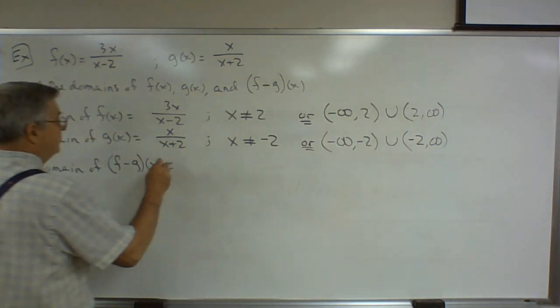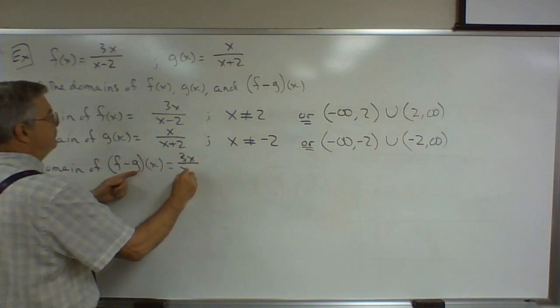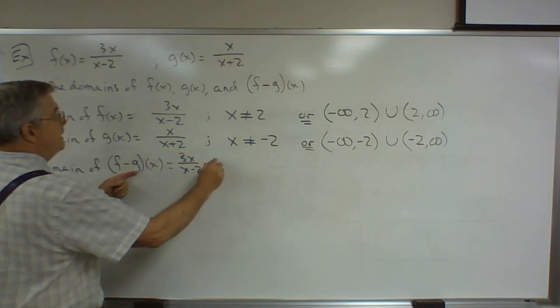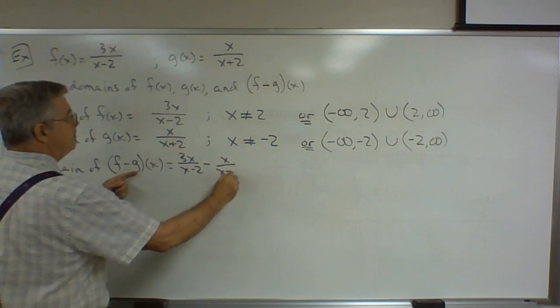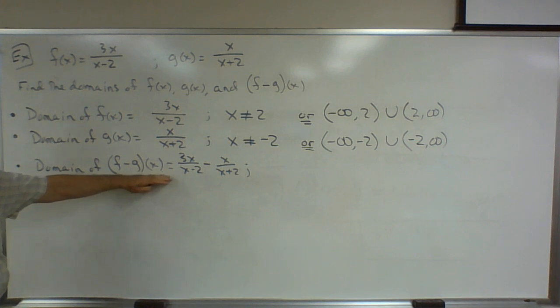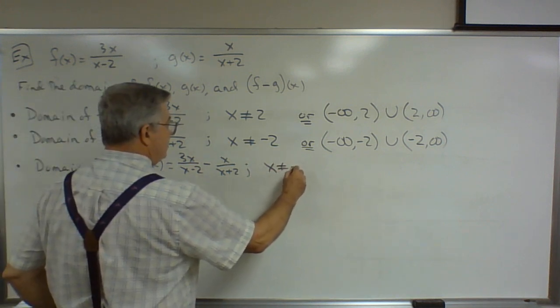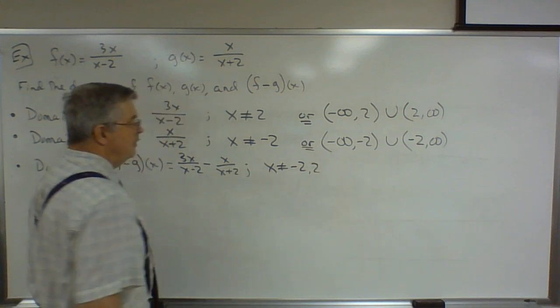So, let's see, here's our function. 3x over x minus 2 minus x over x plus 2. And we'll define the domain this way. We'll say x is not equal to -2 or 2.